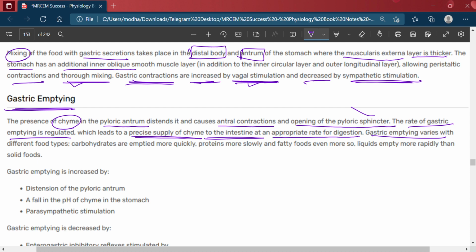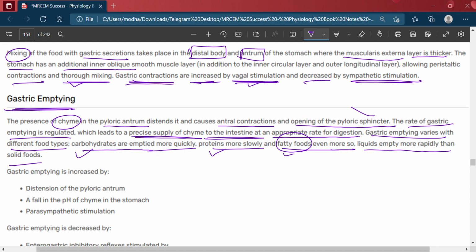Gastric emptying varies with different food types. Carbohydrates are emptied more quickly, protein more slowly, and fatty foods even more slowly. Liquids empty more rapidly than solid food.